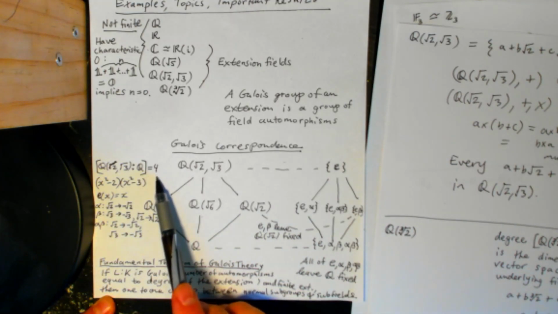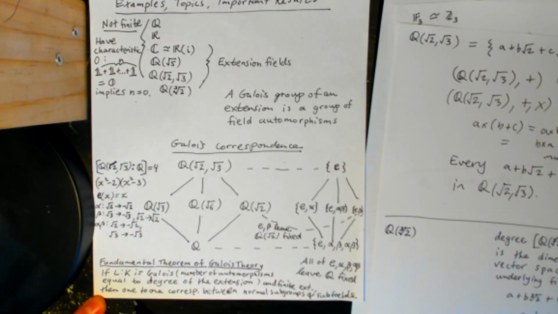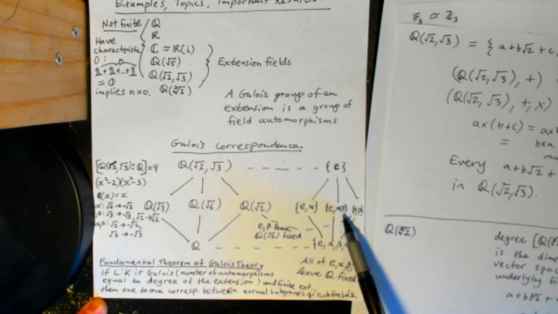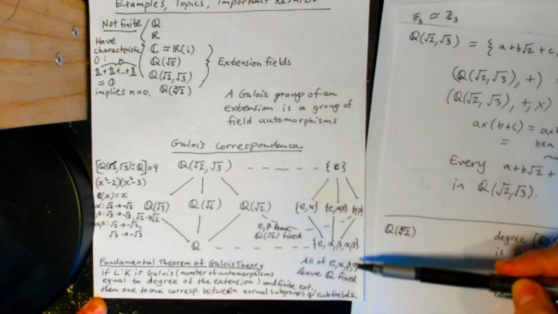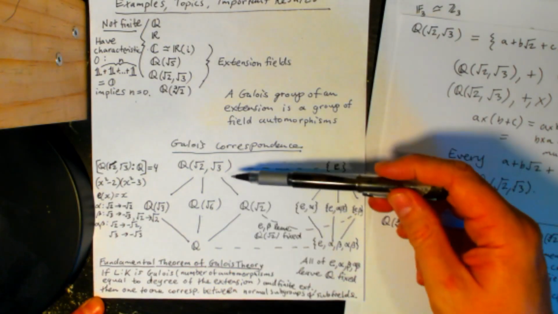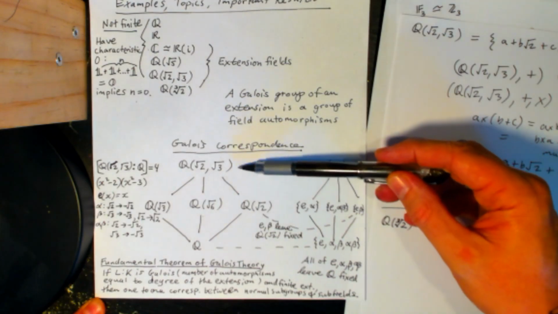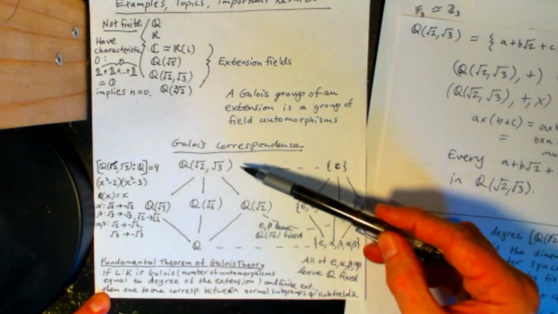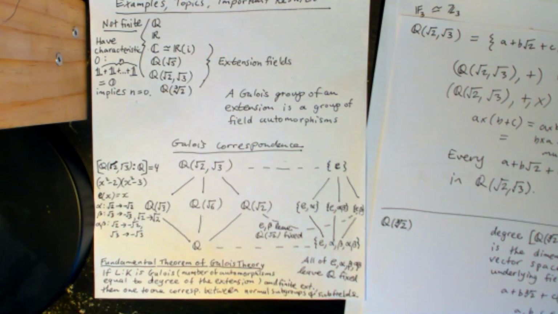Degree of the extension here is 4. Then there is a one-to-one correspondence between the normal subgroups, those are these here, the normal subgroups of the Galois group, and the subfields that are intermediate between Q and the full L here, which is this one.